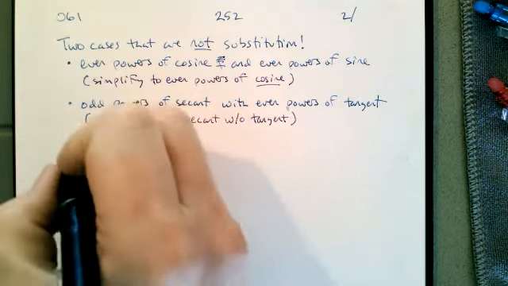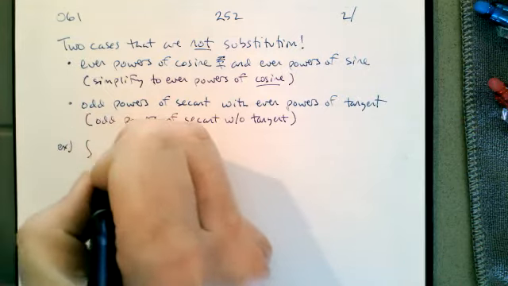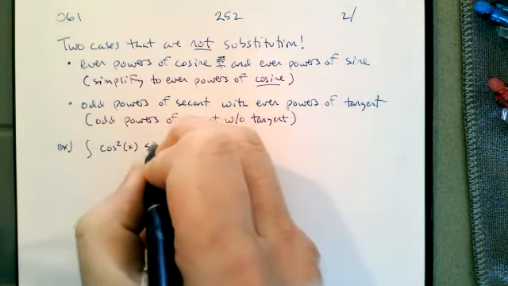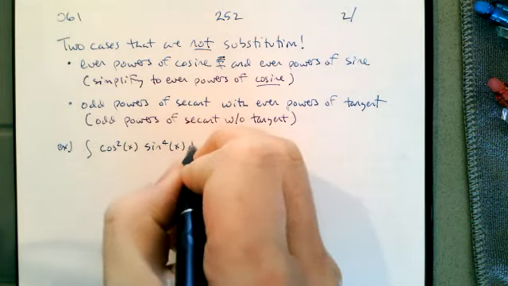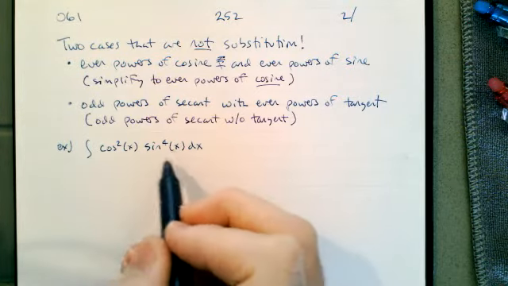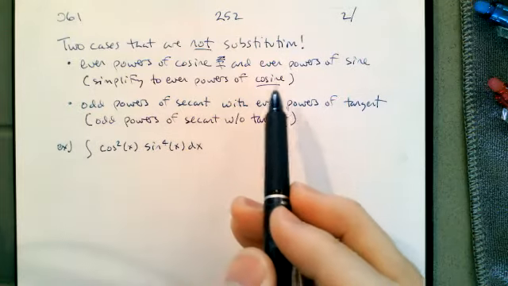So what I mean is, if I have the integral of cosine squared x times sine to the 4th x dx, an even power of cosine and an even power of sine, I'm going to rewrite the sines in terms of cosine. I'm going to simplify this to just even powers of cosine.